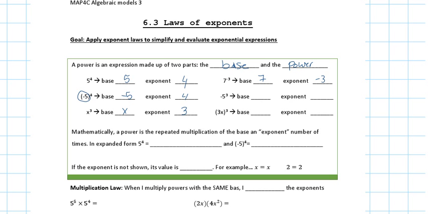So only this 5 is to the power of 3. That negative is not to the power of 3. So my base is just 5, and my exponent is 3. What's the base for the last one? 3x. And then the exponent is 3.